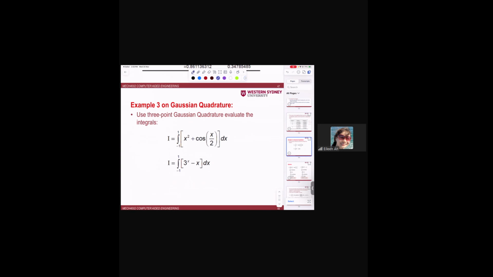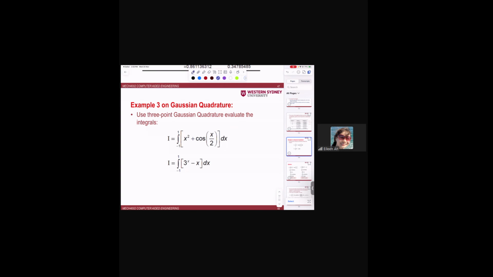Okay, actually this method is very, very useful when we do some integration calculation for real, very hard equations like those two.